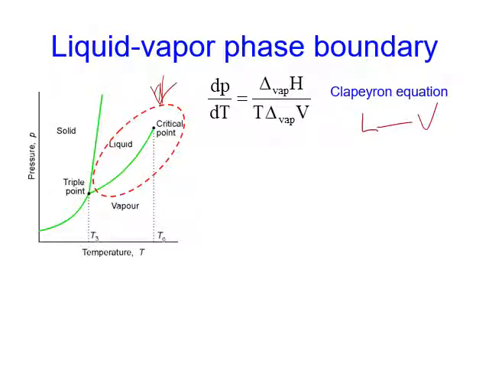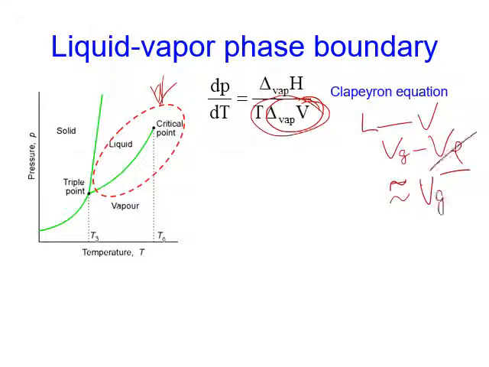In this Clapeyron equation, delta V is the volume of the gas minus volume of the liquid. Now, because volume of liquid is much smaller than the gas phase, this delta V is approximately the volume of the gas, and liquid volume can be negligible.